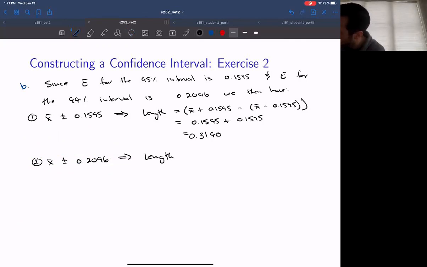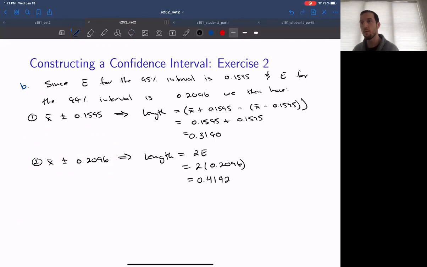So for the 99% interval, we can then show that length is simply 2 times E from the above derivation. That's going to give us 2 times 0.2096, which is going to be 0.4192.